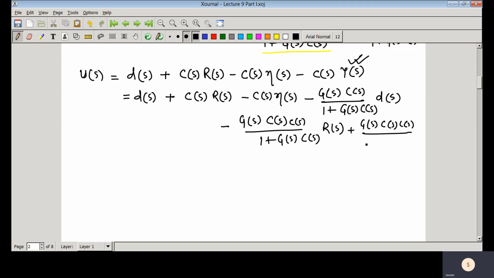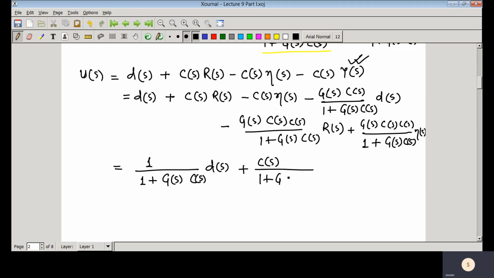We should not write Cs square because both of them are transfer functions, so you just write Cs into Cs eta s. If you simplify that one, you will get 1 by 1 plus GsCs Ds plus Cs by 1 plus GsCs Rs minus Cs by 1 plus GsCs into eta s.